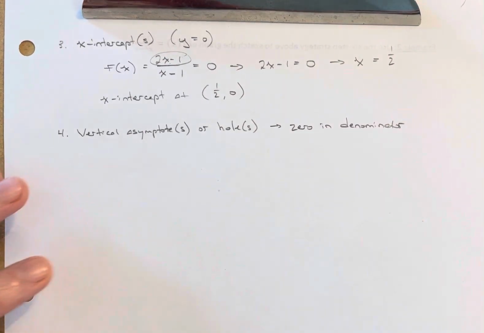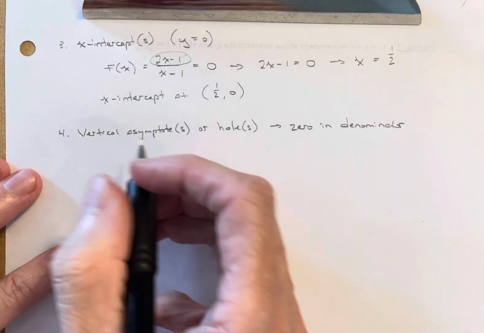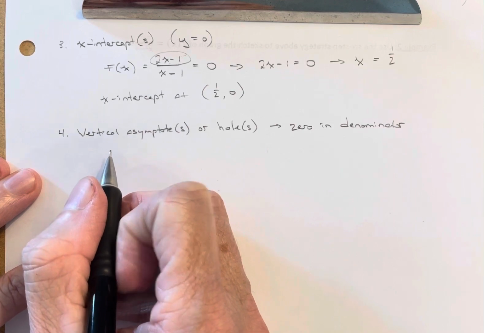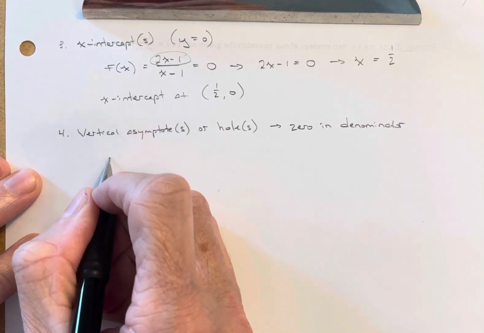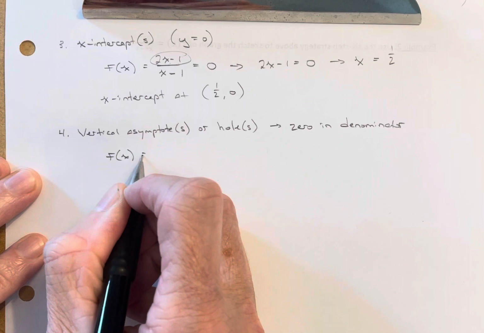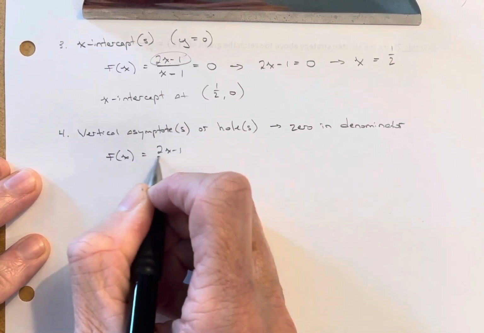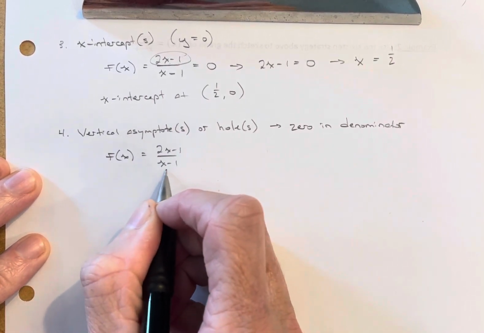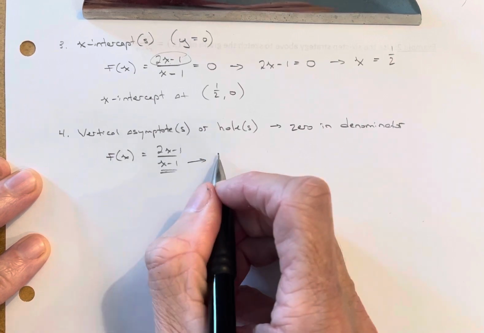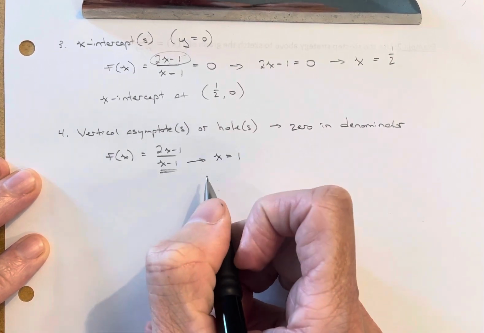We looked at our zeros in our denominator. Let's take a look. This is my function, f of x is equal to 2x minus 1 over x minus 1. My denominator tells me that x equals 1.